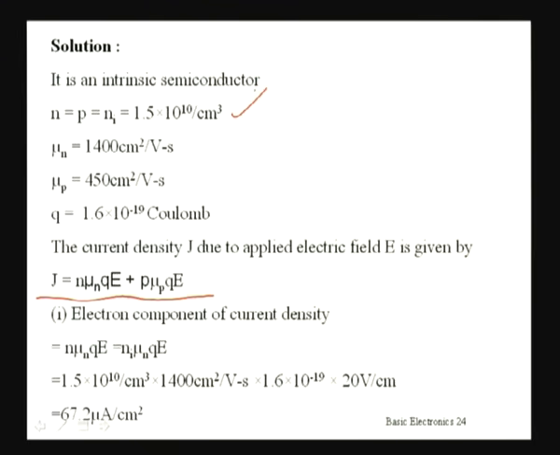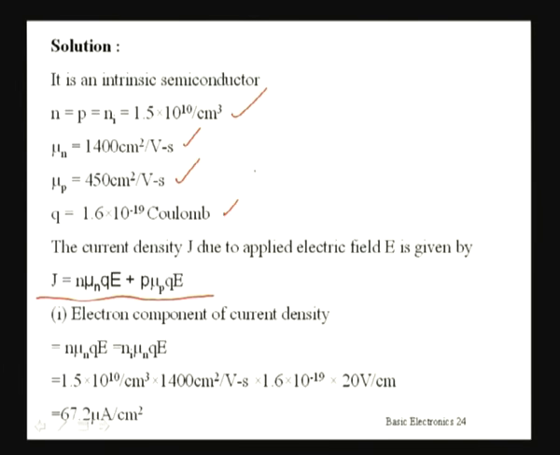Electron mobility mu n is 1400 centimeter square per volt second, and hole mobility is 450 centimeter square per volt second. But the charge of an electron is not given. It is supposed that you know this, and its value is the standard 1.6 into 10 to the power minus 19 coulomb. So it is simple to find the current density J given by this equation.